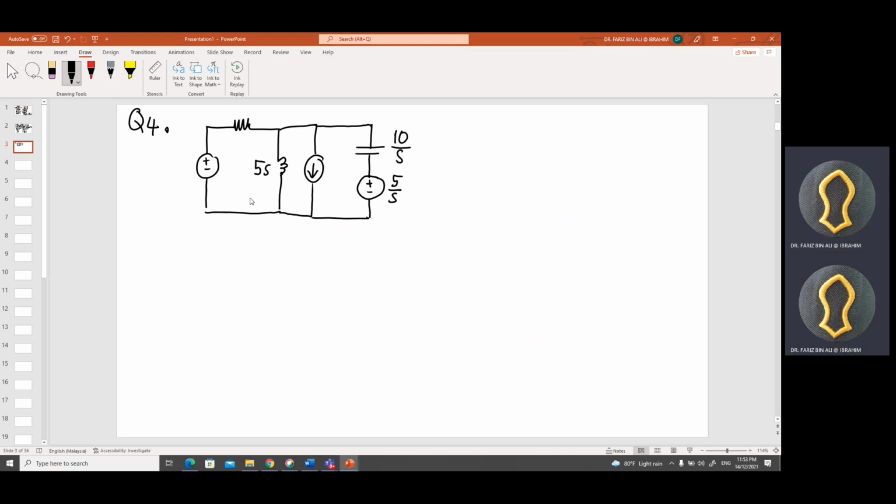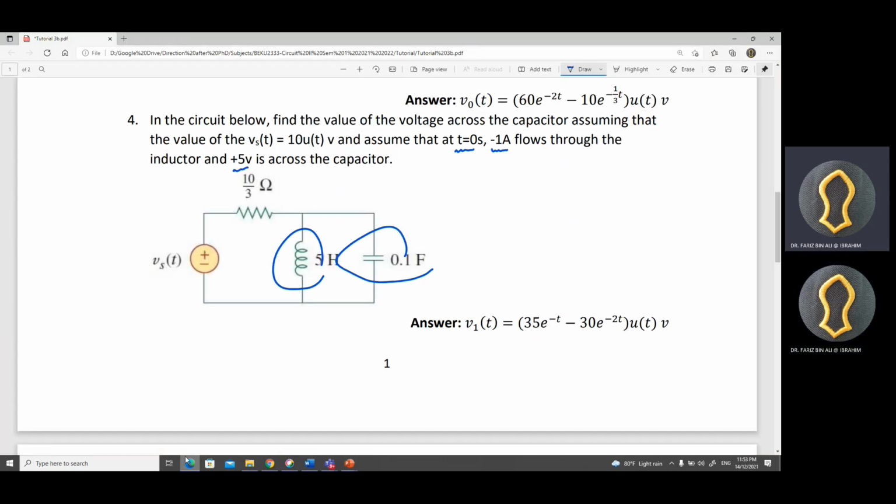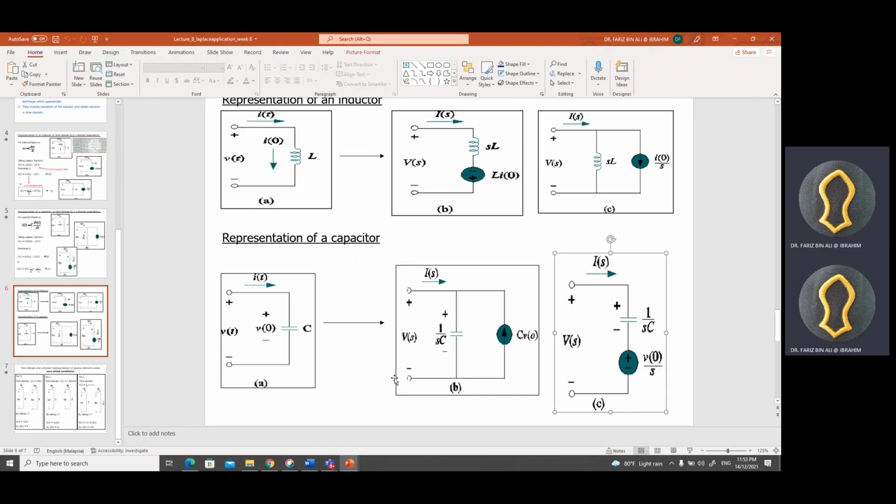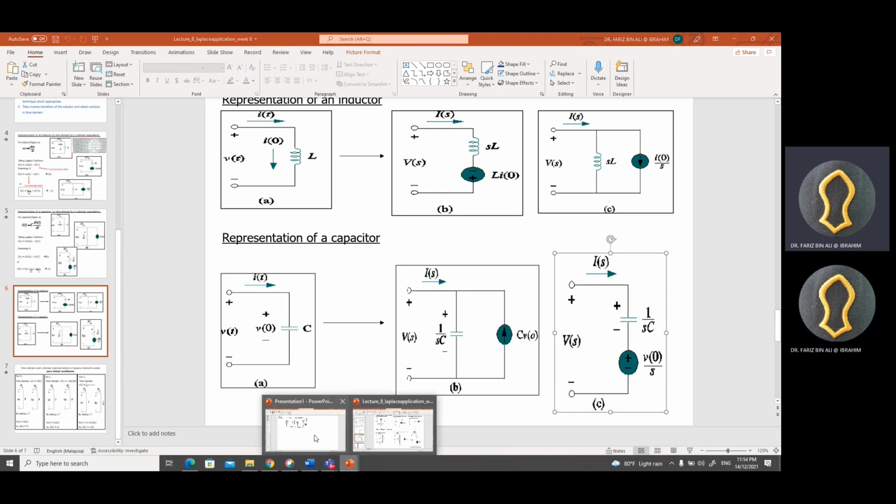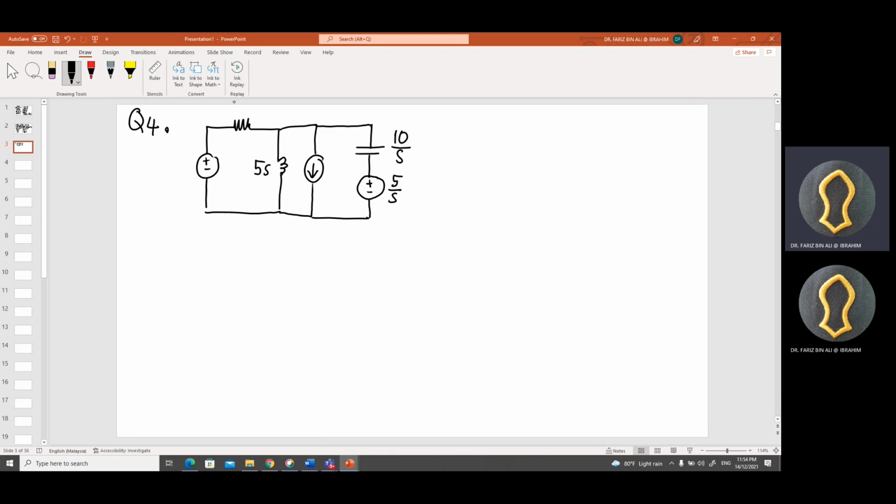And the initial current is minus 1 ampere, and we choose this, so it's going to be minus 1 over S.